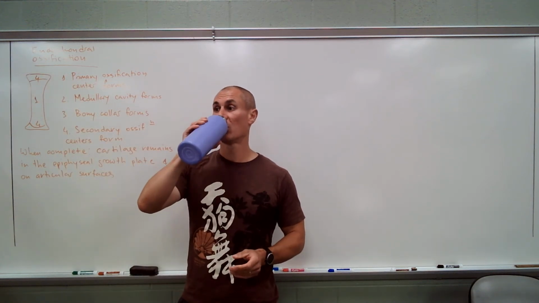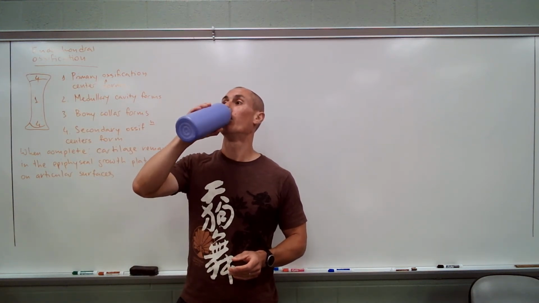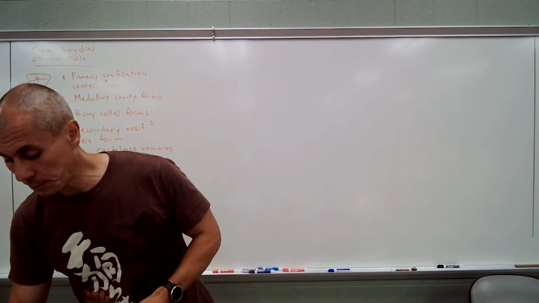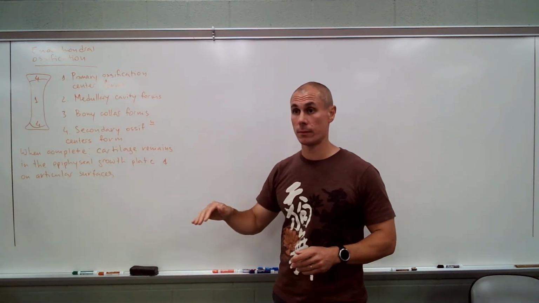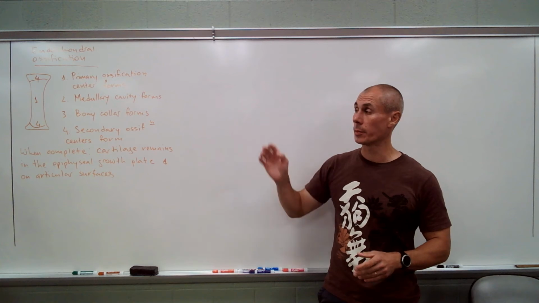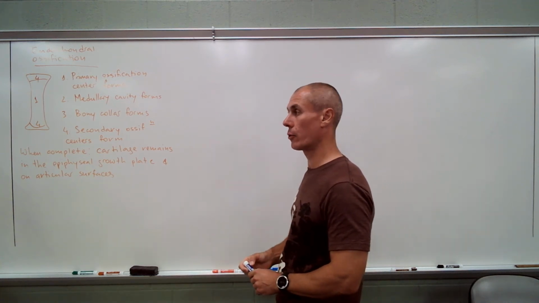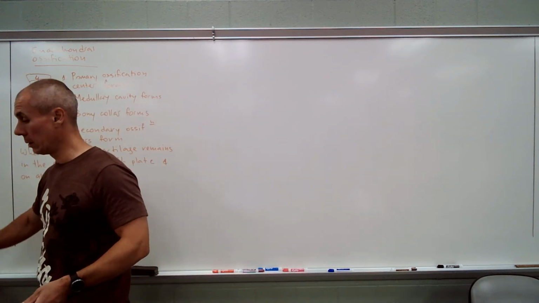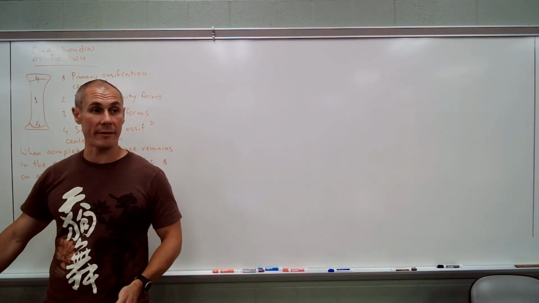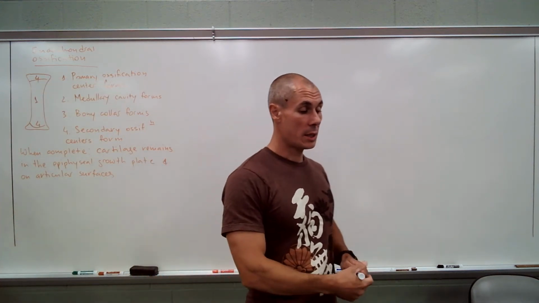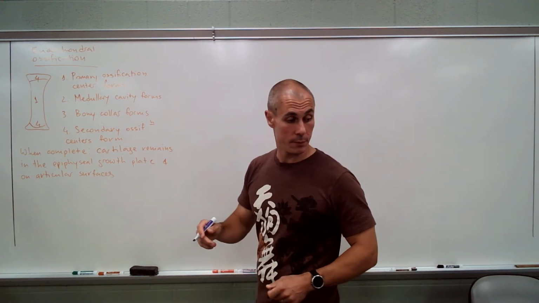That's all. Most of the bones in the human skeleton are formed by endochondral ossification, virtually almost all the bones below the clavicles. The second type of ossification is intramembranous.